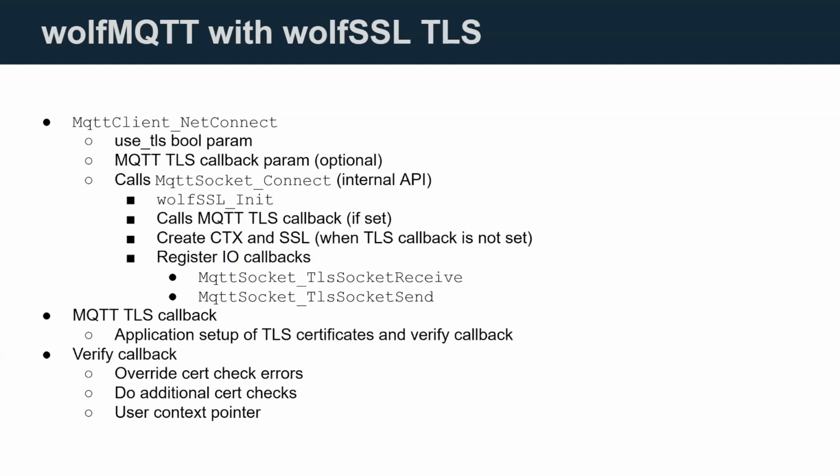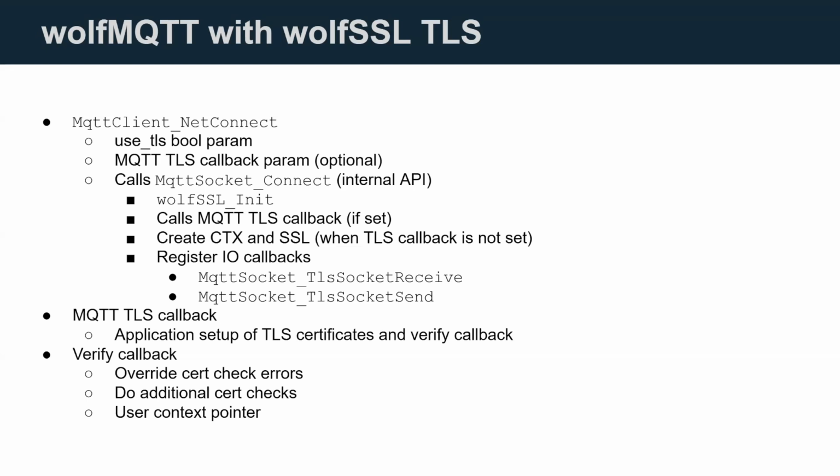So here, I'd like to cover how wolfMQTT interfaces with wolfSSL to connect using TLS. The NetConnect API establishes the socket connection before any actual MQTT packets are transmitted. There are 2 parameters related to TLS here, the flag to use TLS and the optional MQTT TLS callback function pointer.